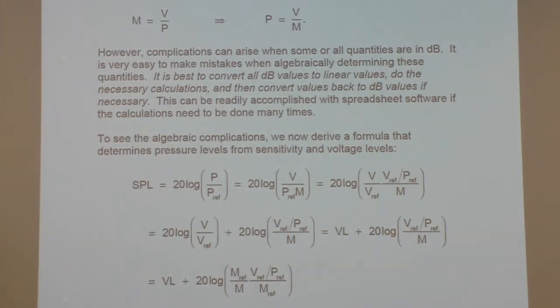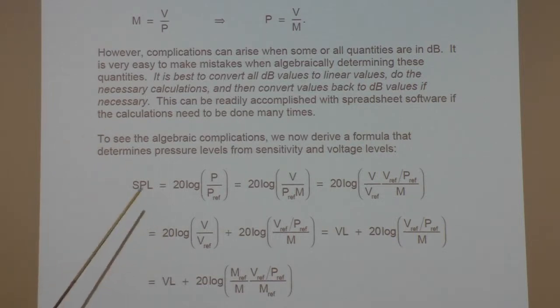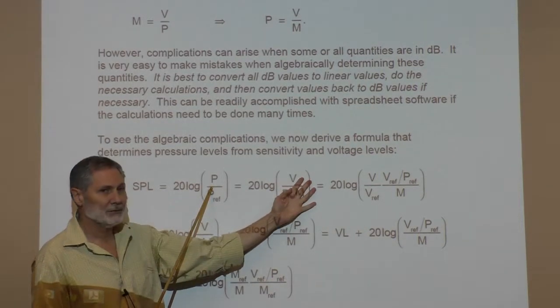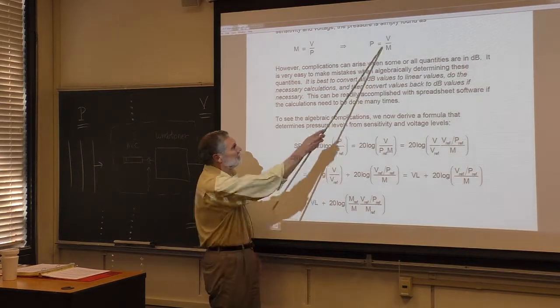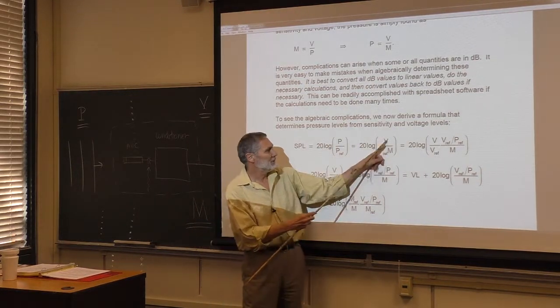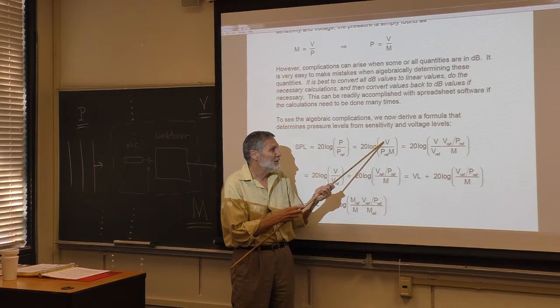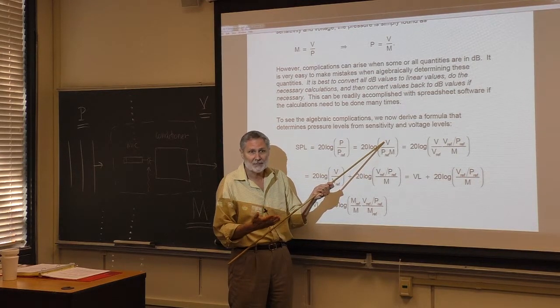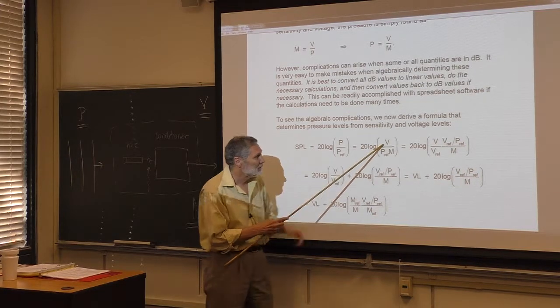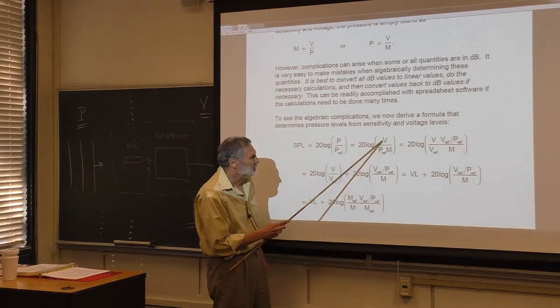I know the sensitivity level, I know a bunch of voltage levels, I want to find the corresponding sound pressure levels. Well, let me show you how complicated it is, okay? First of all, here's the definition of the sound pressure level. We don't measure P, we measure V, okay? Well, that's easy. Going from here to here. Now, we don't measure V. We measure VL, the voltage level. So how do I beat this into the form of the voltage level?